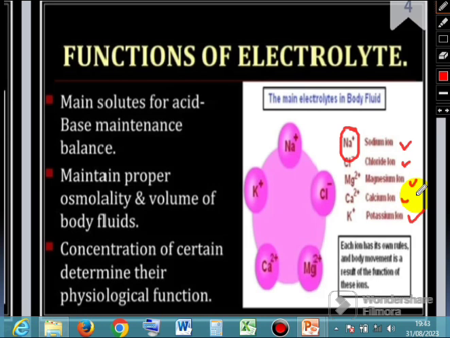Good. Do calcium ions have any other function? Someone just said it helps in clotting of blood. That is correct. Any other function? It helps in the release of neurotransmitters from the vesicles. What vesicles?